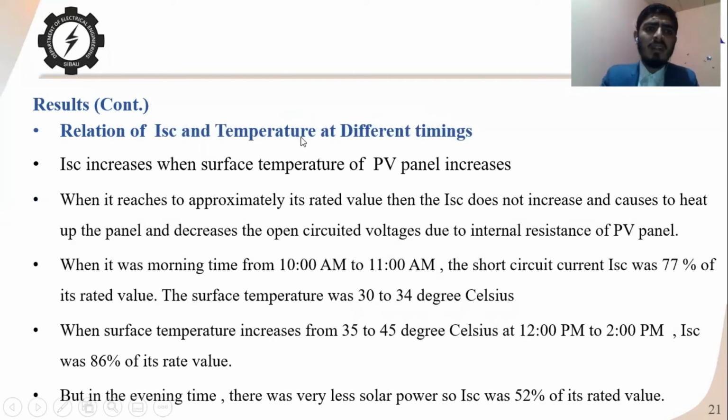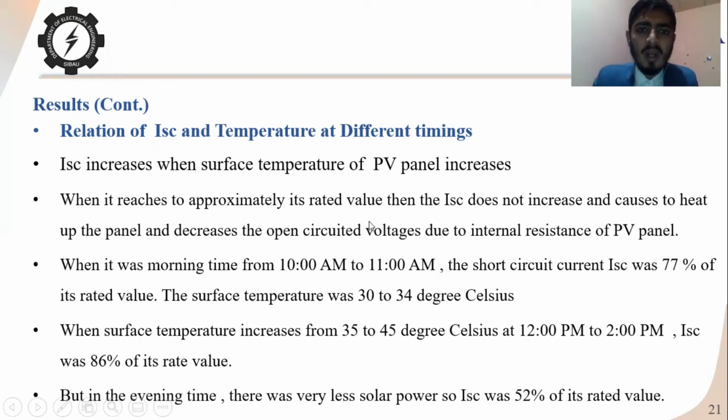Then we observe the relation of ISC and temperature at different timings. Basically, whenever the temperature increases, ISC, the short circuit current, also increases. As I discussed already, whenever temperature increases, neutral atoms break in the depletion region, and due to the breaking of atoms, there is negative ion production, and the short circuit current increases.